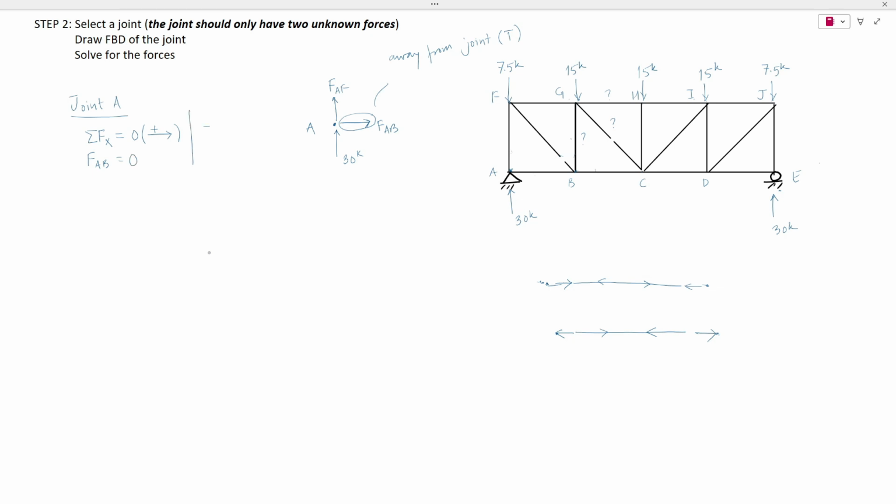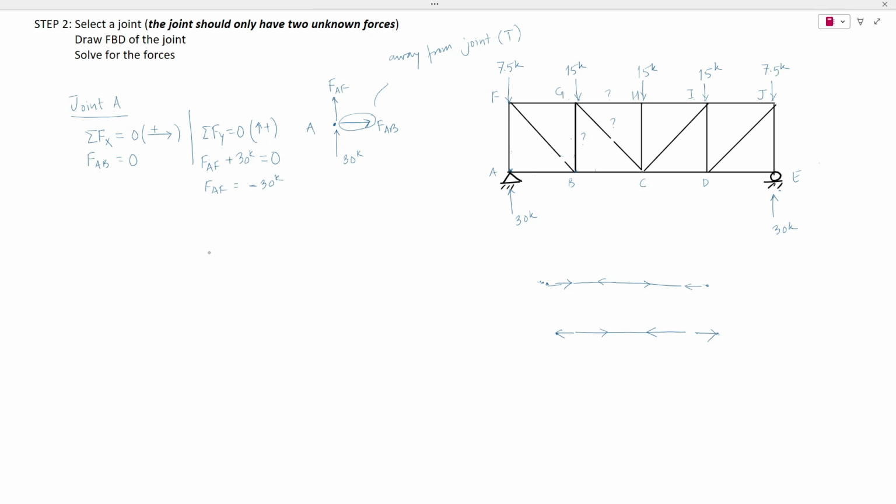Similarly, the summation of all the forces in the y direction is 0, considering upward forces positive. Then we have member force FAF, plus the reaction of 30 kips. The summation of these forces should be 0. That means our member force FAF is negative 30 kips.